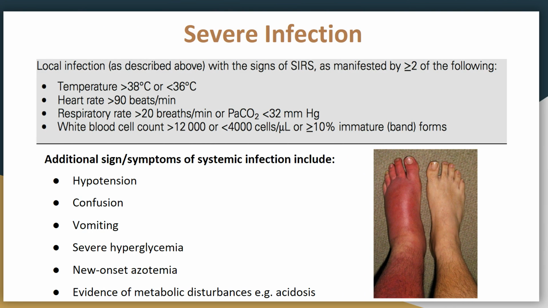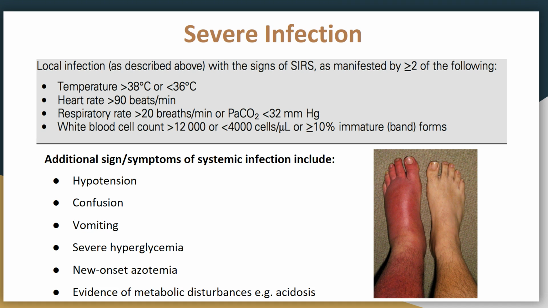A severe infection diagnostically involves local infection as described previously, accompanied by 2 or more systemic inflammatory response signs, being a temperature greater than 38 degrees or less than 36 degrees, a heart rate above 90 beats per minute, a respiratory rate of more than 20 breaths per minute, and/or a white blood cell count greater than 12,000.